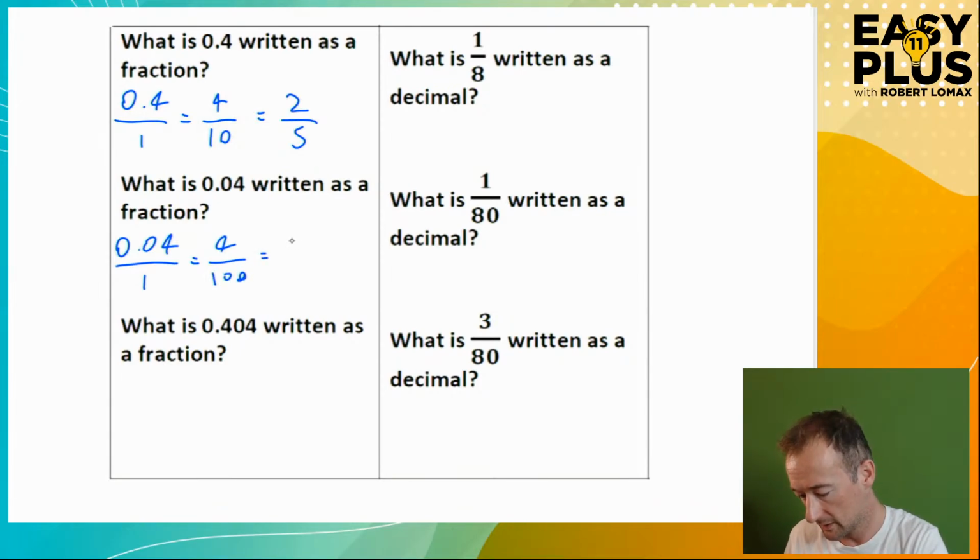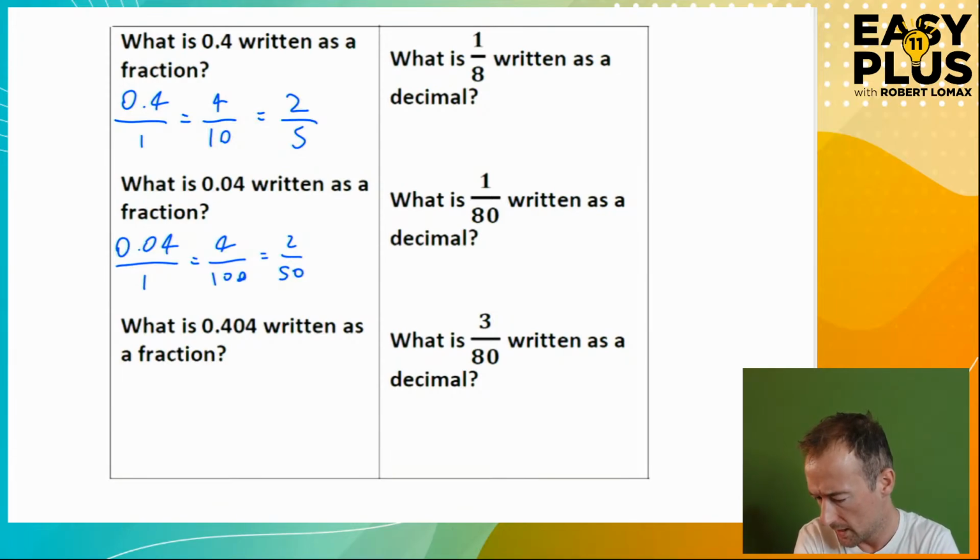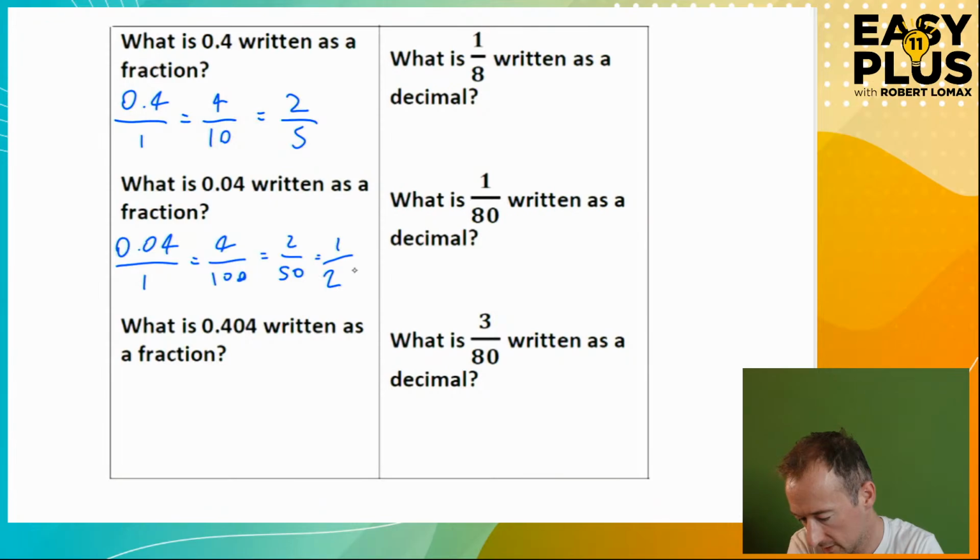Yes, we can. 2 out of 50. Okay, can we do any more with this? Well, these numbers both divide by 2. So we're going to get 1 out of 25. Okay, I hope that makes sense.